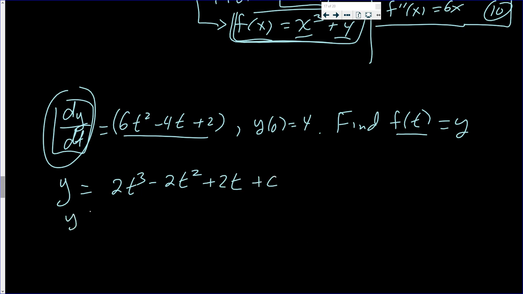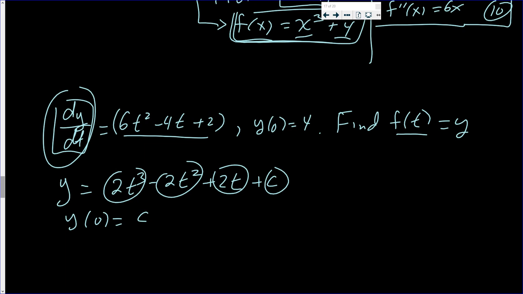And y of 0, well, you plug in 0 and 0 and 0. You keep getting 0 until you arrive at the constant. If the variable of a polynomial is 0, the whole thing is going to equal the constant.